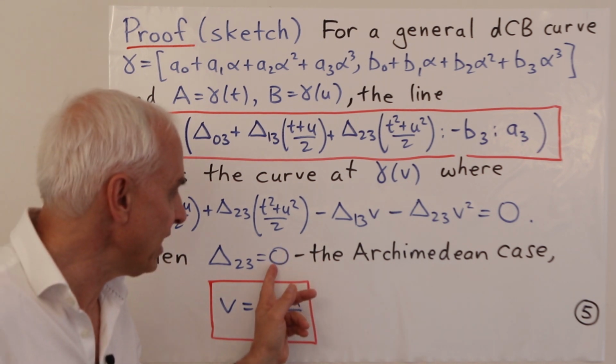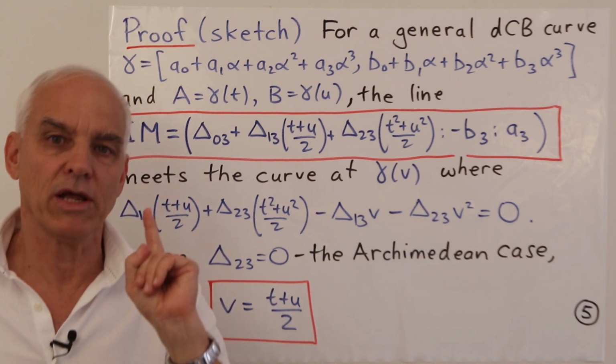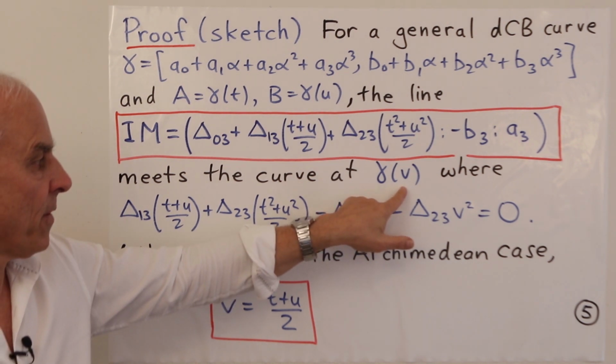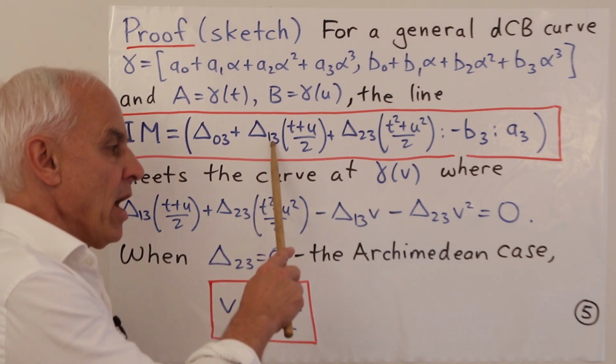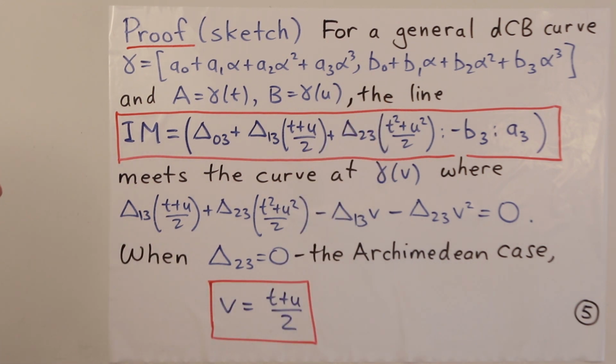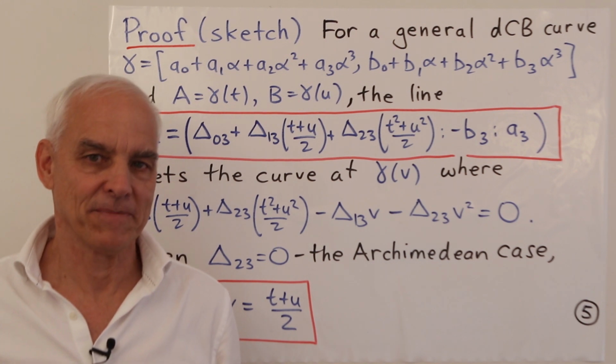So in the Archimedean case, this simplifies dramatically, and there is indeed only one solution. So there'll be one point on the curve which is on this line aside from the point I at infinity. So that's the first half of the theorem that I wrote down.